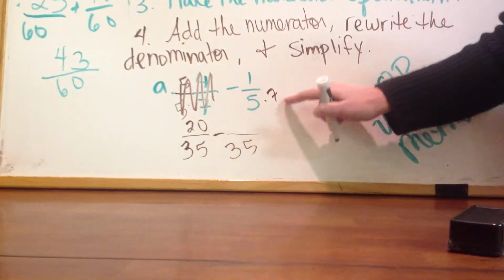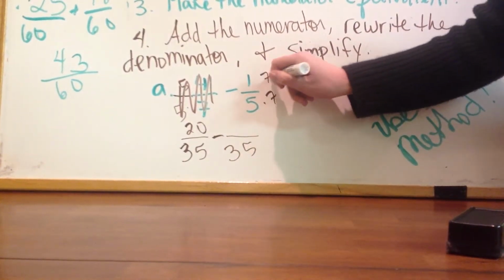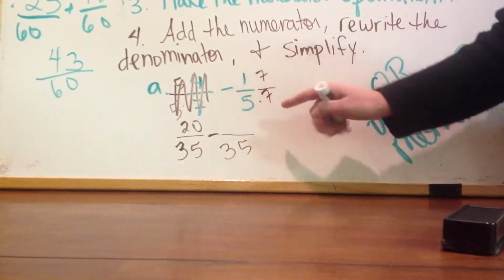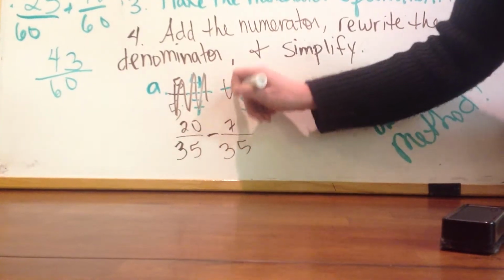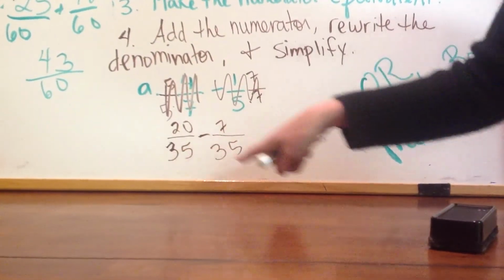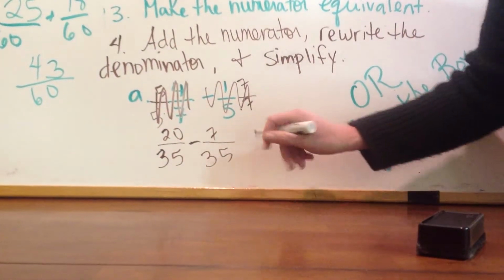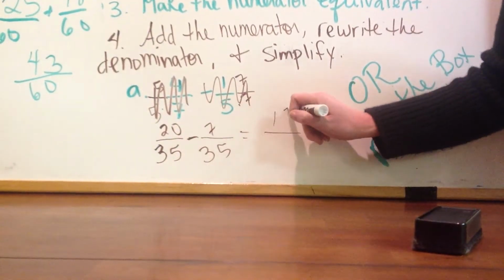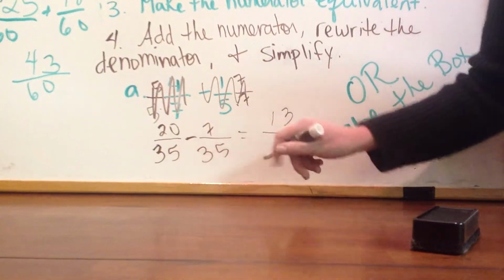And since I multiplied the denominator by 7, I have to multiply the numerator by 7 to keep it even. 7/7 is just a 1. 1 times 7 is 7. So this fraction is gone. They've had the same denominator. Now we're just going to add or subtract our numerators. 20 minus 7 is 13. And we're going to rewrite our denominator, 35.